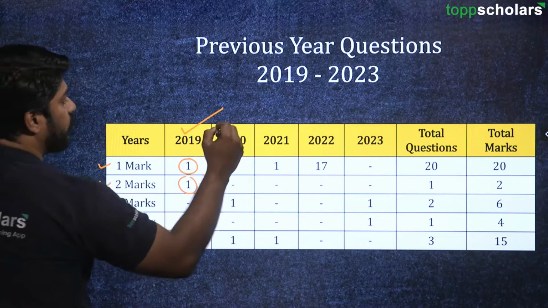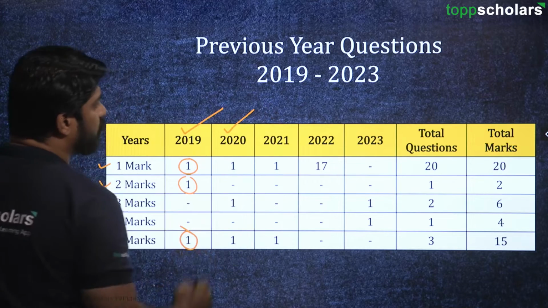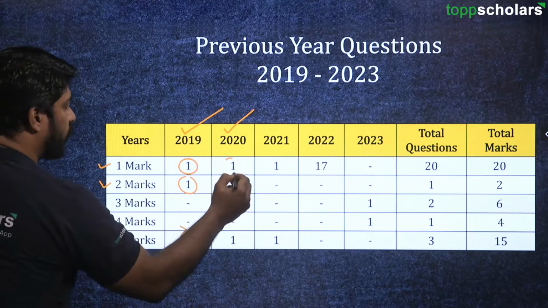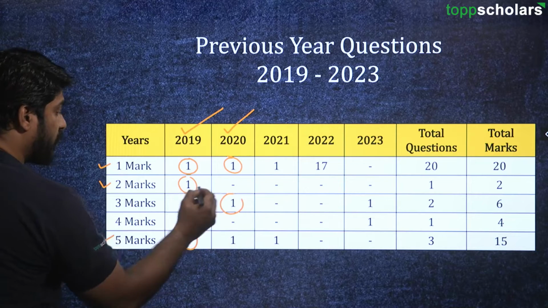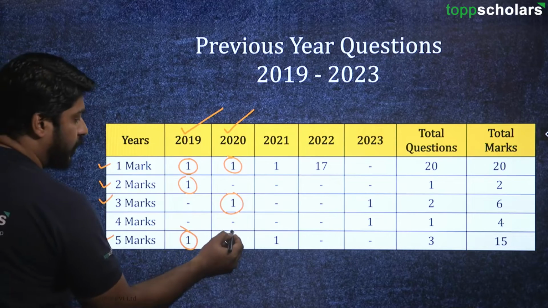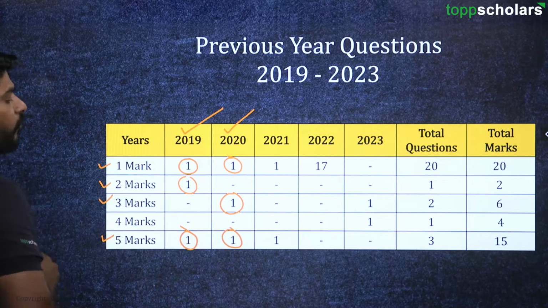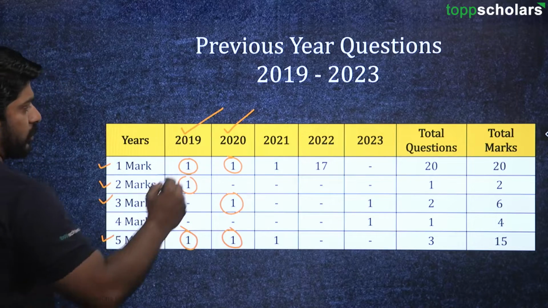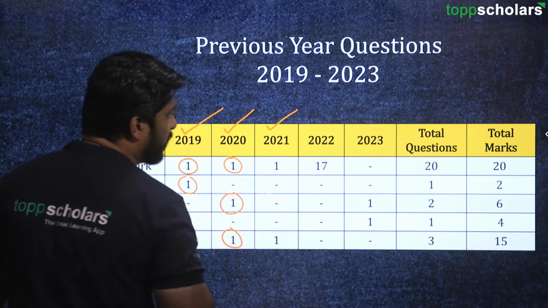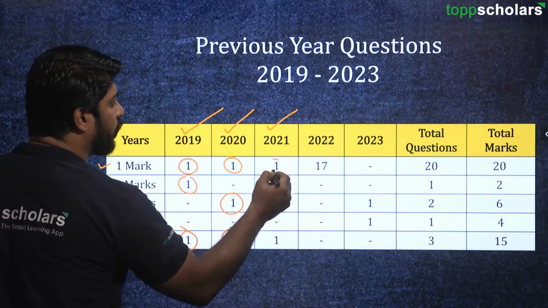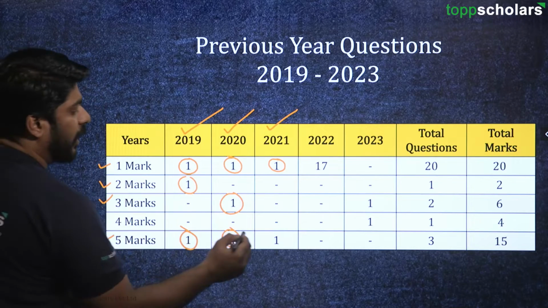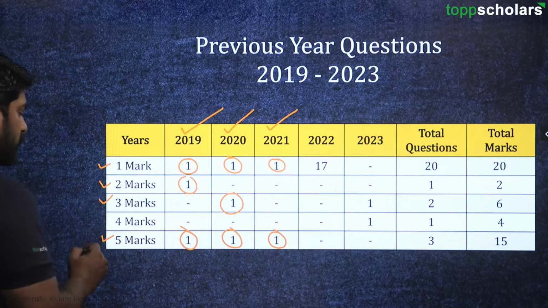Then in the year 2020, we have one question for 1 mark, one question for 3 marks, and one question for 5 marks, isn't it? In 2021, we have one question for 1 mark and one question for 5 marks.